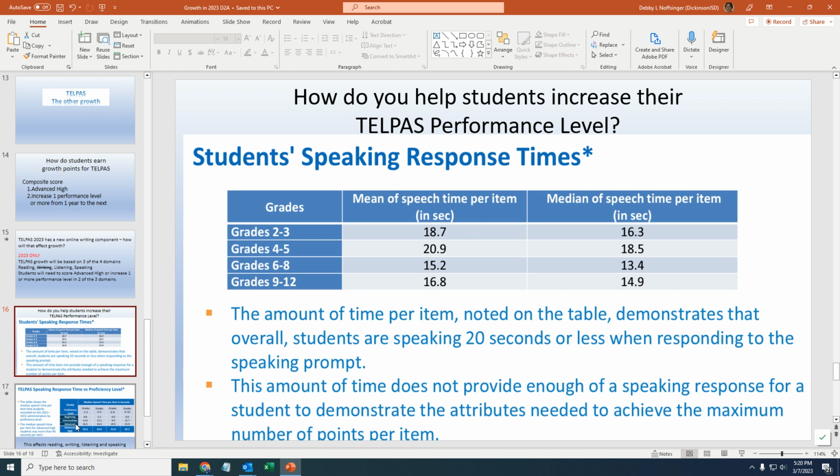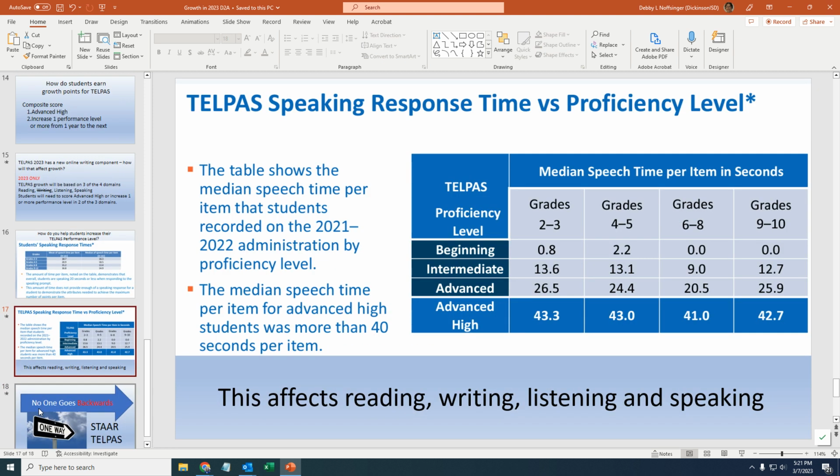And what they noticed was that in grades 6 through 8, students were taking an average of 15 seconds to respond to the question. How in 15 seconds can you possibly talk in complete sentences, justify your answer, give some facts out of the resource that you're given? Not possible.